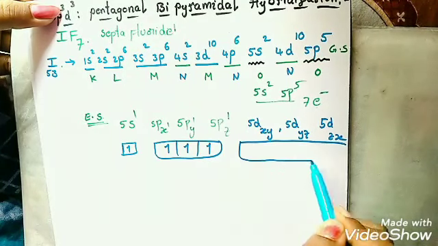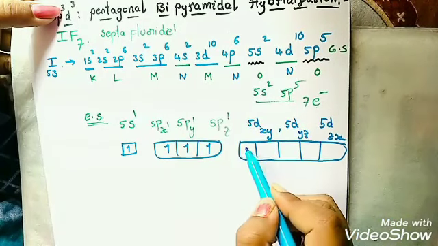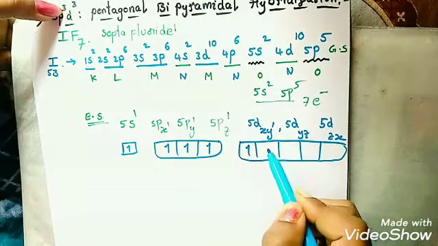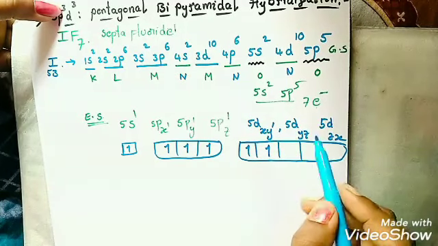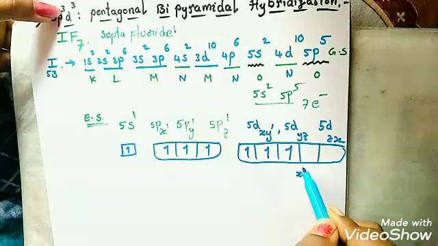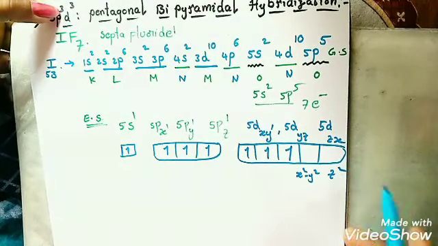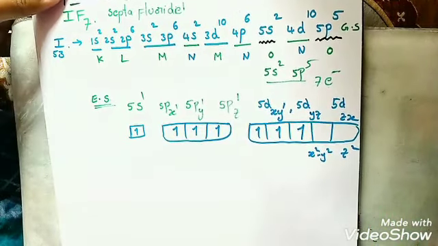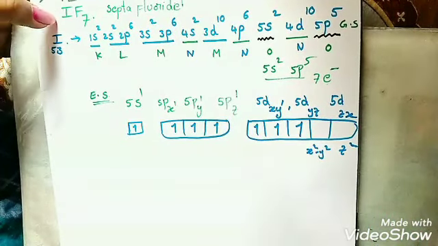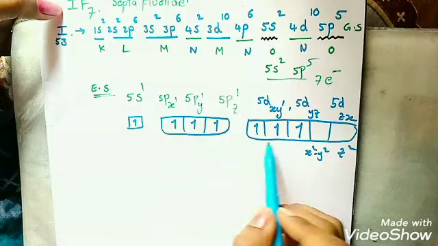Here in the d orbital there are 5 degenerate orbitals. Those are 5dxy1, 5dyz1, 5dxz1. So x square, y square and z square must be 0. Here there is no electron, students. Then this is the excited state electronic configuration for the iodine. So here 7 single electrons are there.